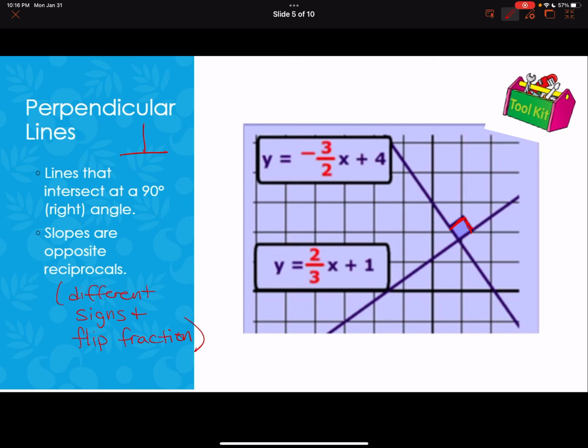Okay, so if I look at my slopes, y equals mx plus b, the slope of this line is -3/2. So the other slope has to have the different sign. So this one's negative, this one's positive, right? And we flip the fraction, it becomes 2/3. And if the slopes are opposite reciprocals, we know that the lines are going to be perpendicular.